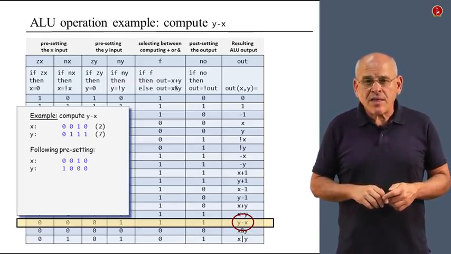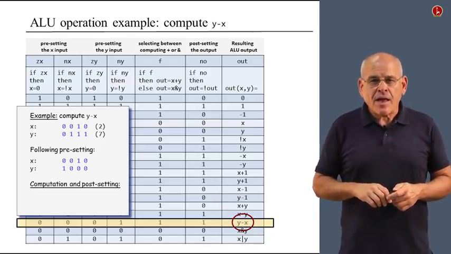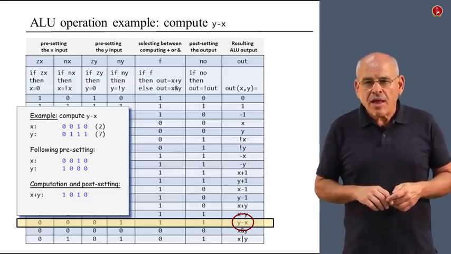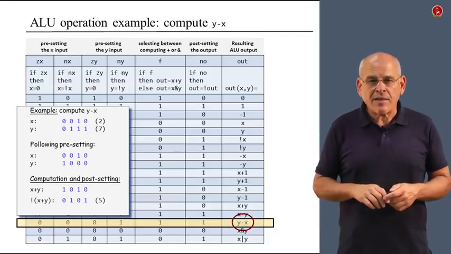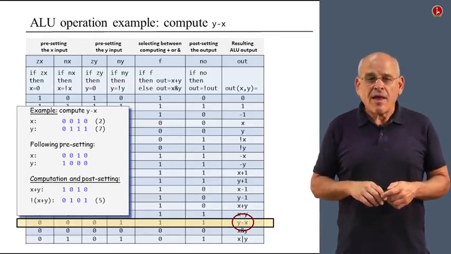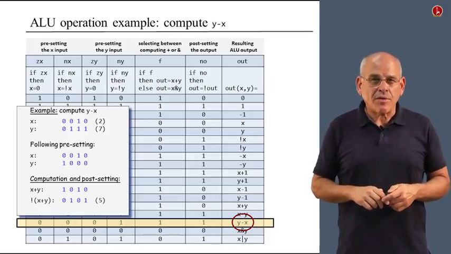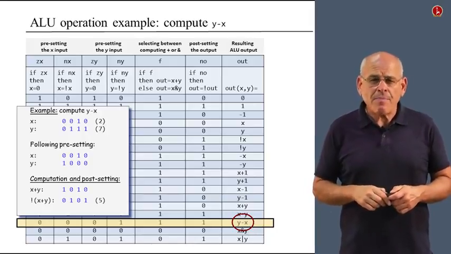Moving along, we see that f equals 1, so we compute addition. And if we add up x and y, we get 1, 0, 1, 0. No also equals 1, so we negate the result, and we get 0, 1, 0, 1. And 1, 0, 1 represents 5, which is exactly what we wanted. So once again, you see that the ALU performed as specified.